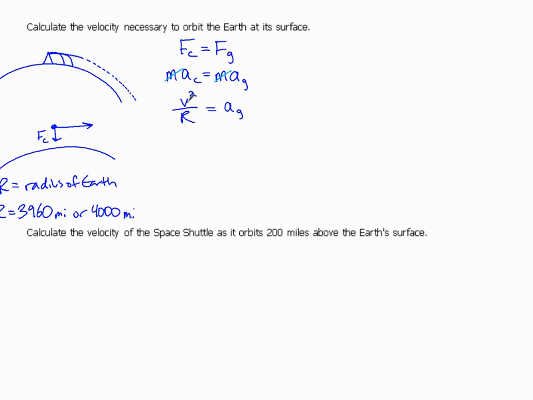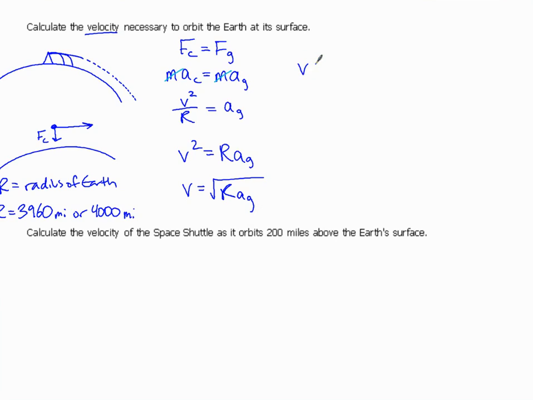We're looking for velocity. We know acceleration of gravity, it's 10 meters per second squared. And we know the radius of the Earth. We're using the number 4,000. Velocity squared equals the radius times the acceleration of gravity. And so velocity equals the square root of the radius times the acceleration of gravity.